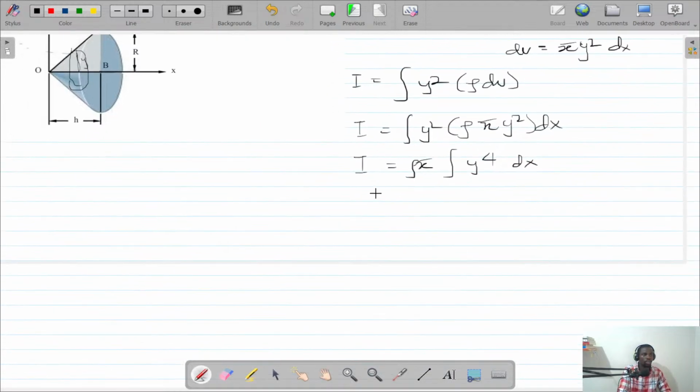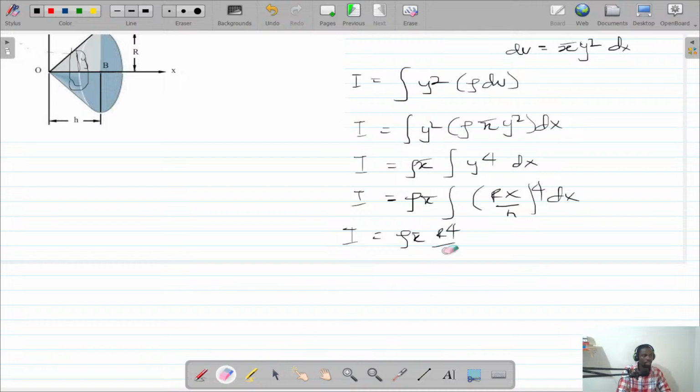So I is equal to rho pi integral of (r x on h) power 4 dx. So we have I equal to rho pi r power 4 all over h power 4, x power 4, integral dx. Everything else is constant.